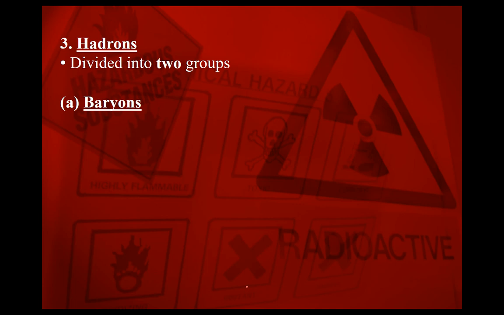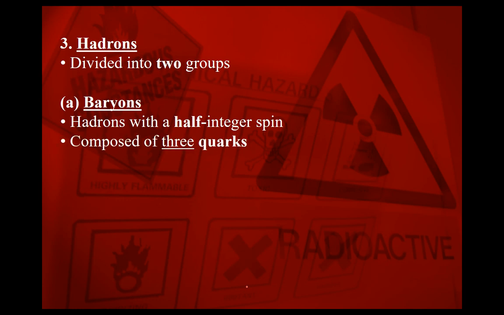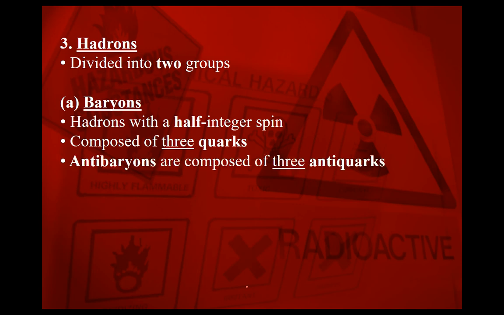And I think a baryon was a hadron with a half integer spin. Yes, okay, so I got that right. It's a hadron with a half integer spin. Baryons are composed of 3 quarks. Antibaryons would be composed of 3 antiquarks.